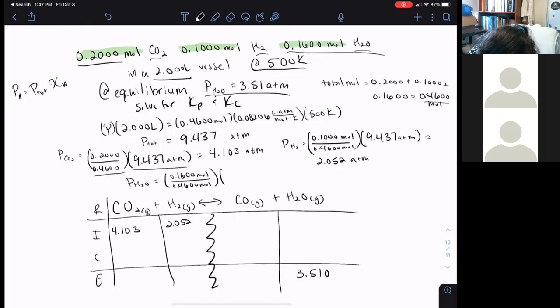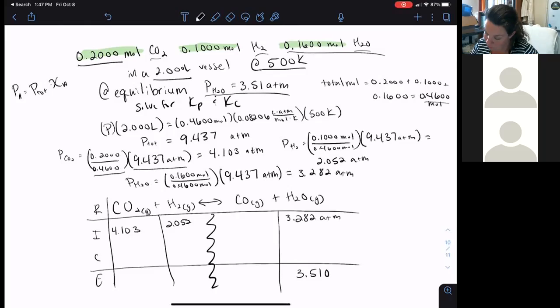And then times my total pressure, 9.437 atmospheres, giving me a value of 3.282 atmospheres. And we see that we start out with no CO, so we put a 0 right there.